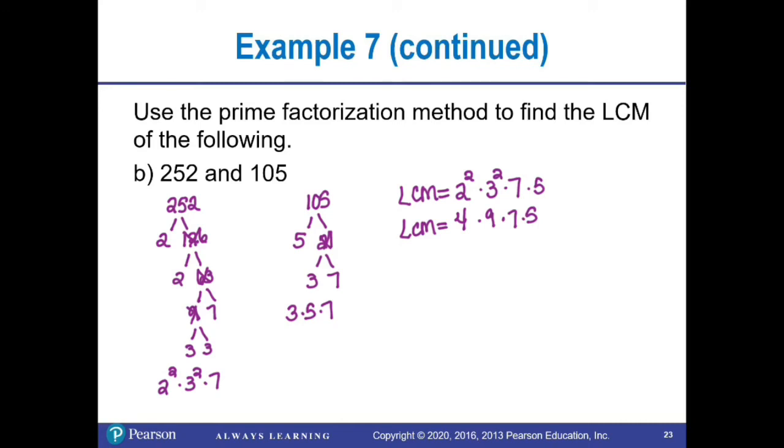Bring down the 7 and the 5. 4 times 9 is 36, 7 times 5 is 35, and when you multiply 36 times 35, you get 1,260. So the LCM, the least common multiple of 252 and 105, is 1,260.